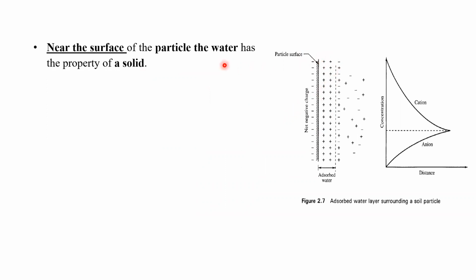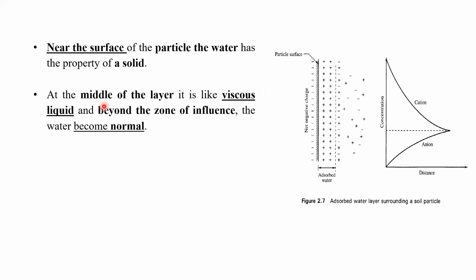Okay, so what it says is that the water nearby the surface of the clay particles behaves like a solid. At the middle of the layer, it is just like a viscous liquid. That means in this zone, it is a viscous liquid.